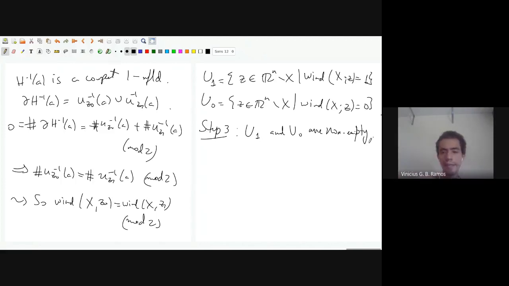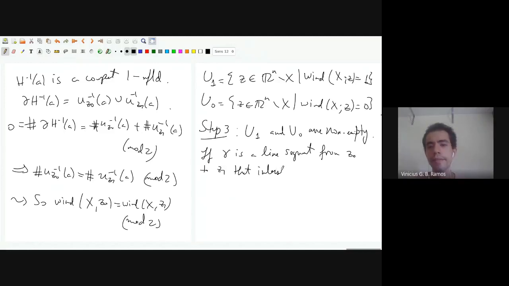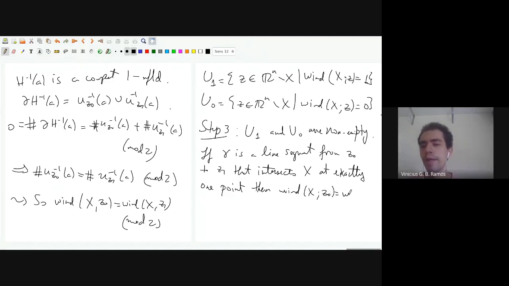So I'm going to show something slightly stronger that's going to imply this, which is that if gamma is a line segment from Z0 to Z1 that intersects X at exactly 1 point, then the winding number of X with respect to Z0 is equal to the winding number of X with respect to Z1 plus 1.